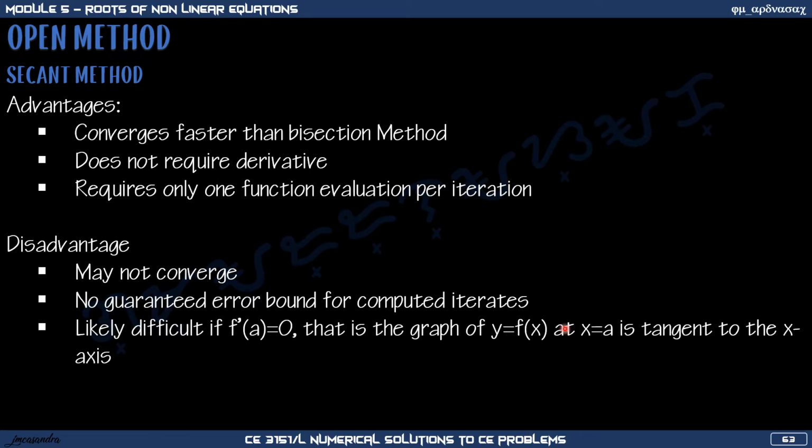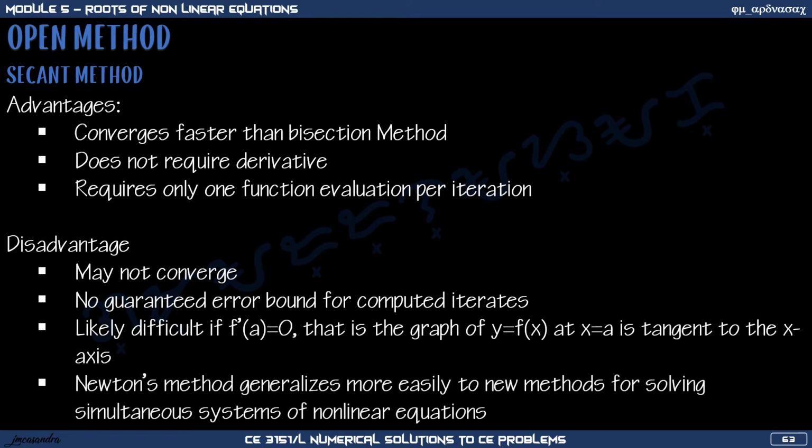Meaning there would be only one root, which makes it very difficult to find an initial value of x sub 0 or x sub i minus 1. Also, Newton's method can be generalized more easily than the secant method for solving simultaneous systems of nonlinear equations.